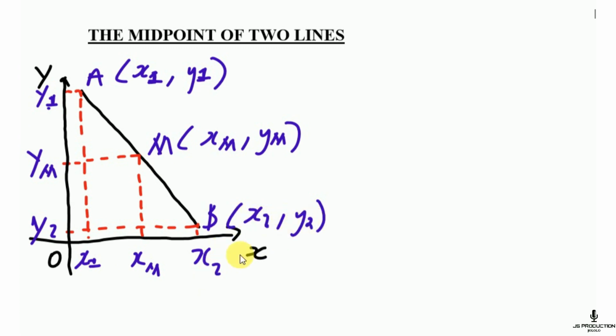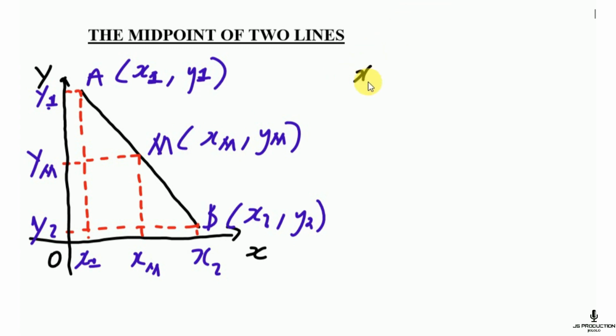As you can see, I have x2 and y2. So the midpoint of line AB can be represented by capital letter M there, and the coordinates of point M are xm, ym.